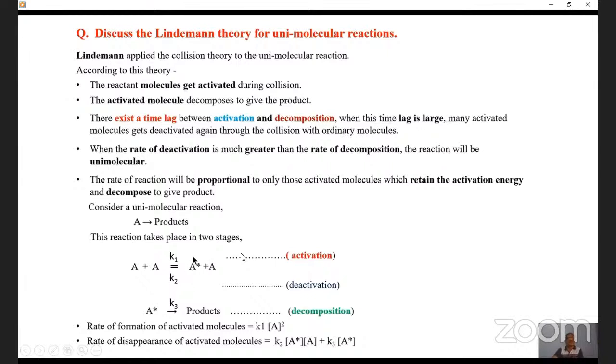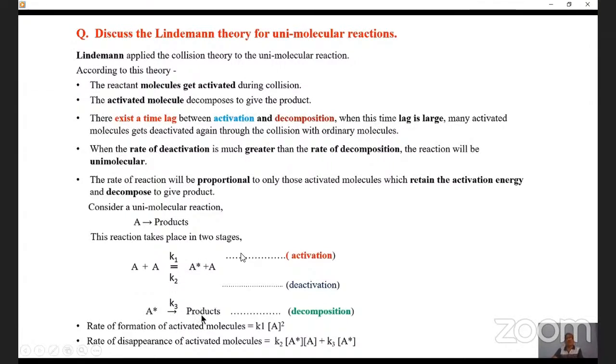This means that the energy of this molecule increases or is greater than the ordinary molecule. This activated molecule, because of having large energy, is unstable, and in order to attain stability, this activated molecule with a rate constant K3 decomposes to give the product.